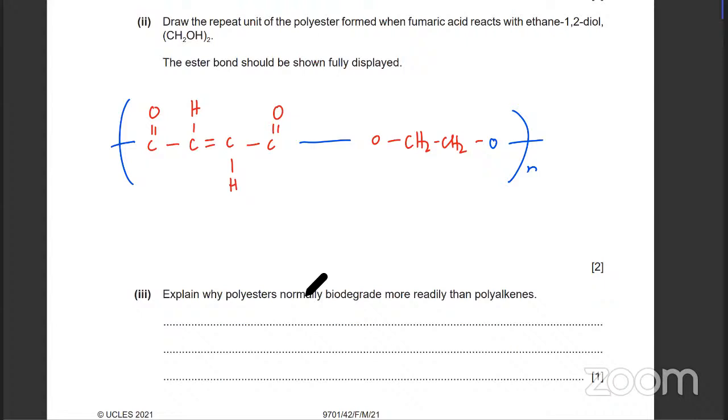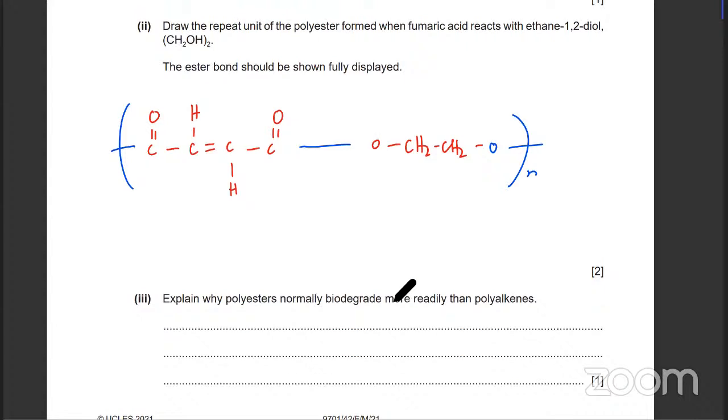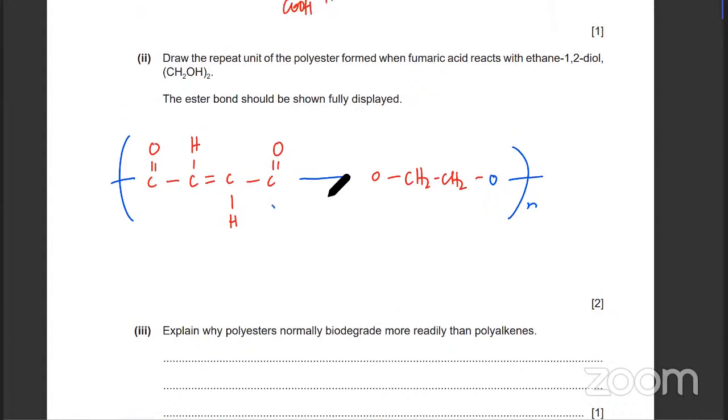And why do polyesters normally degrade more than alkenes? Because they're polar. Polyesters have a highly polar ester linkage, so it attracts water. This carbon over here is positively charged.